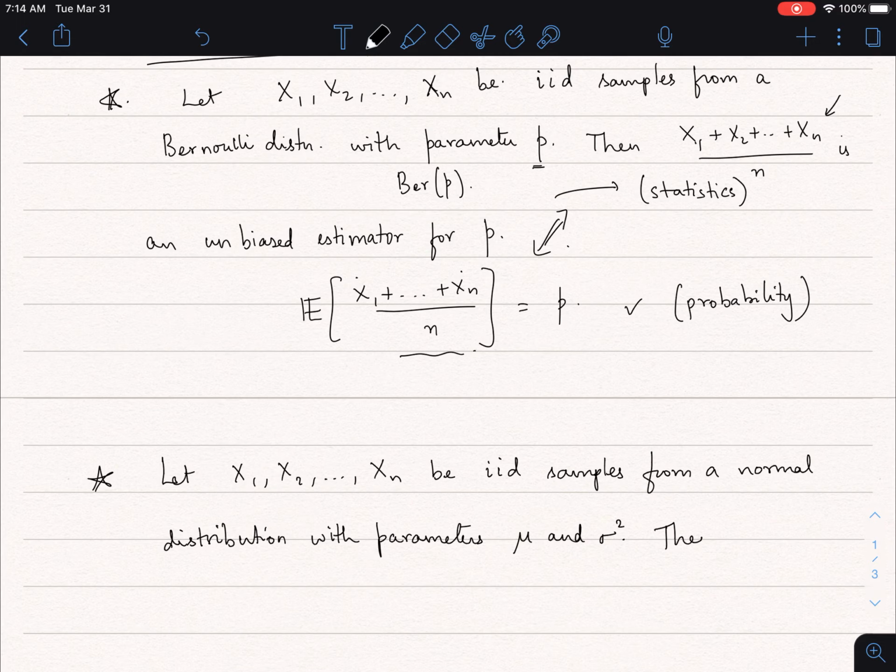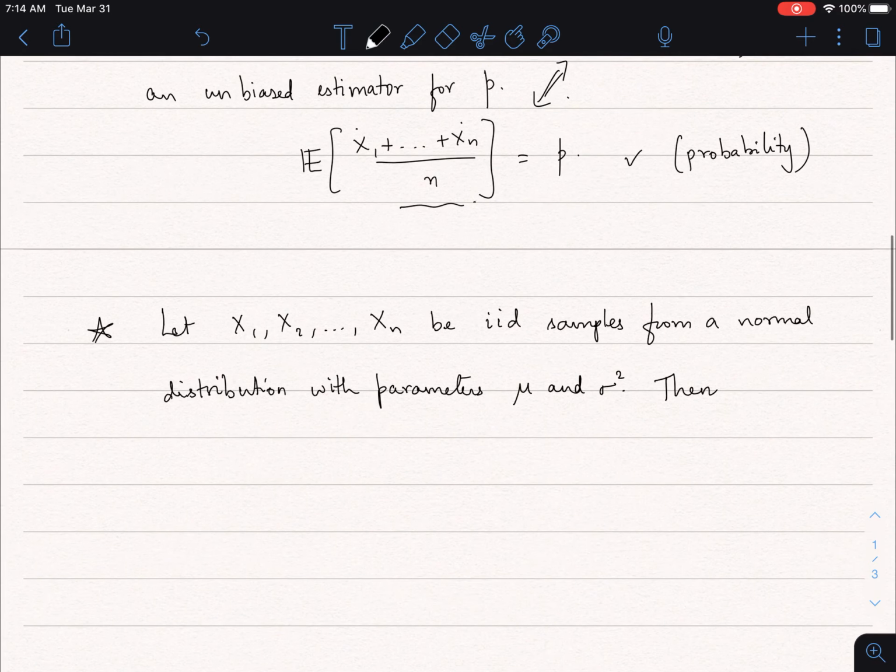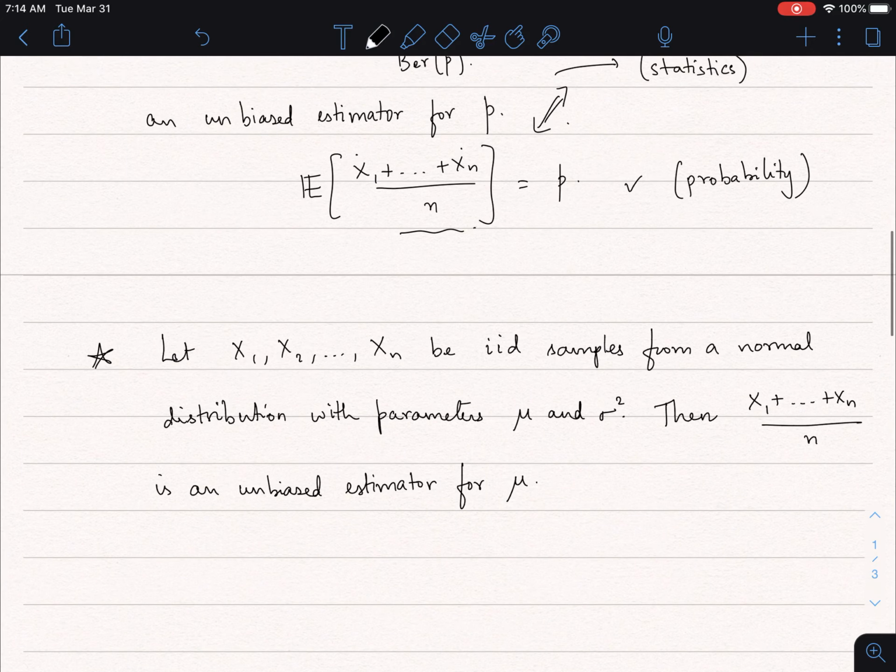Then again we have that x1 plus x2 up to xn divided by n is an unbiased estimator for mu.